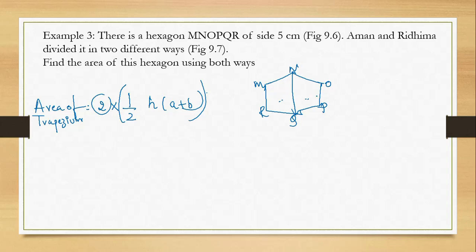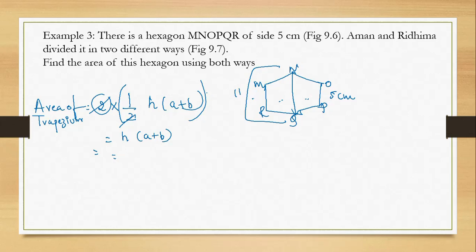They have given this side as 5 centimeter, and this is 11 centimeter. Then these two will get cancelled, and we get the formula h of a plus b.